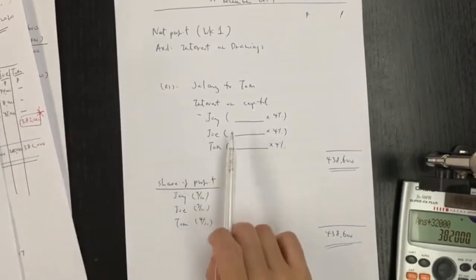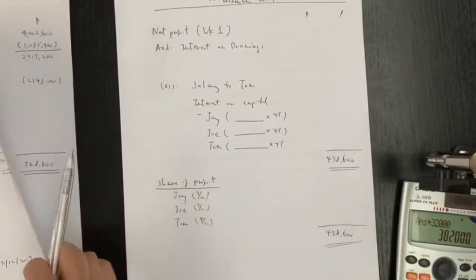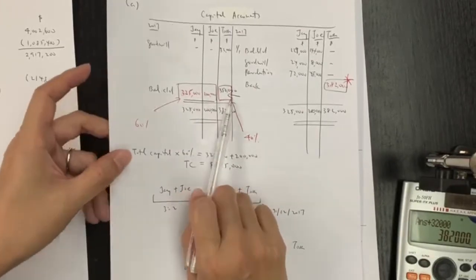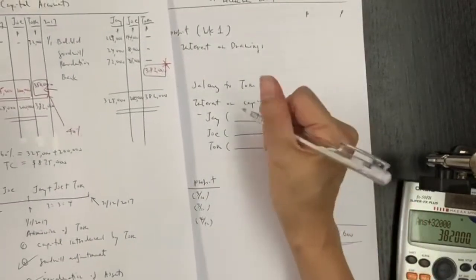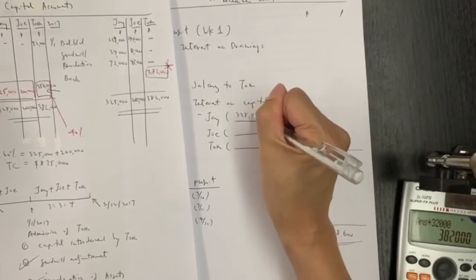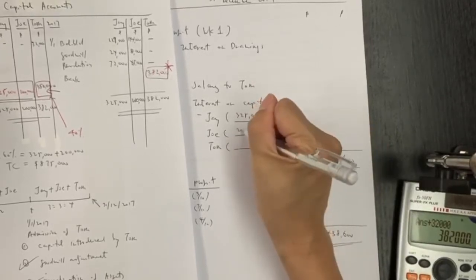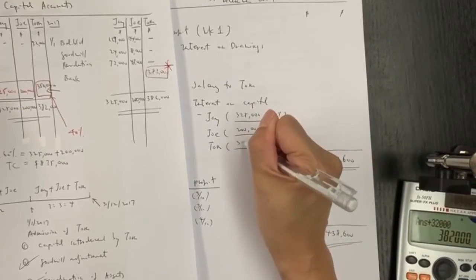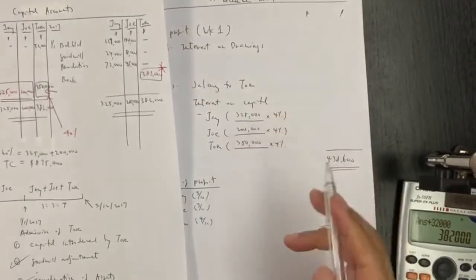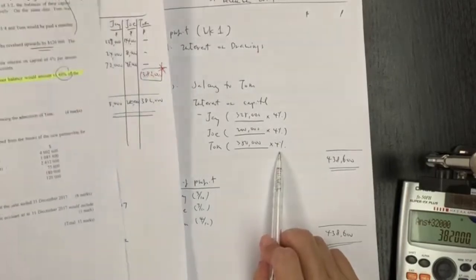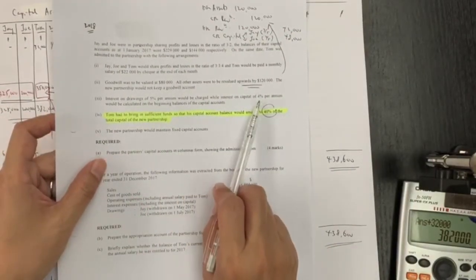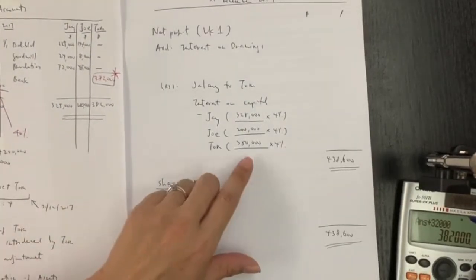Okay, so since in part A we have already worked out capital, remember, just now? So these 3 figures will be the capital balances here: 325,000, and then 200,000 for Joe, and then 350,000 for Tom. And the percentage is 4% if you refer to the question here. Let me use the calculator.